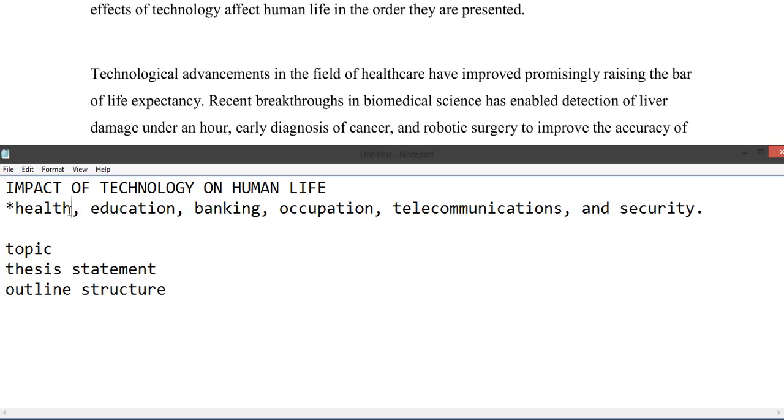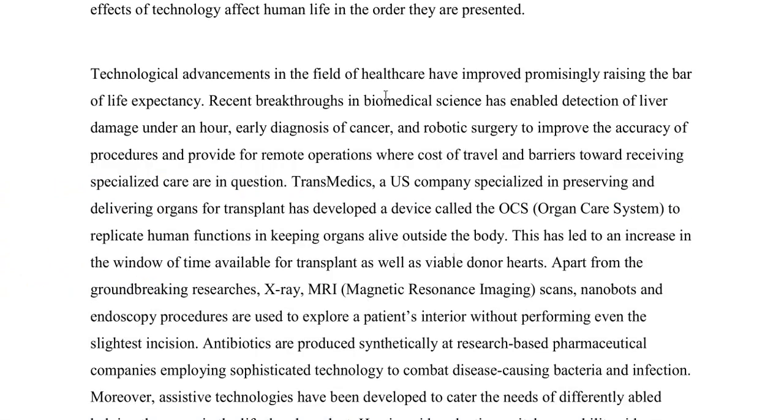So the first paragraph, you have promised in this thesis statement to dedicate the first paragraph to talking about the impact of technology on health. So the first body paragraph should start with the topic sentence. What is a topic sentence?